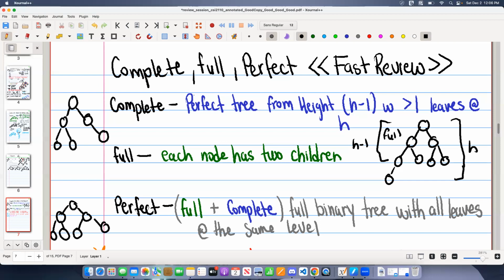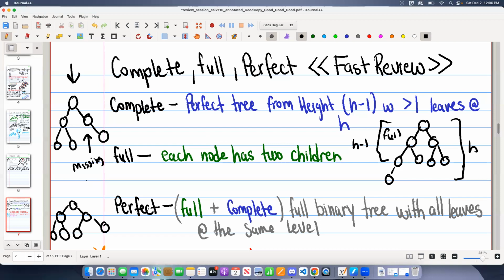So in terms of the example up here, does anyone want to take a guess? Is it full, complete, perfect? No? Okay, let's go through the definitions. We know that this is not a full tree because it's missing nodes.